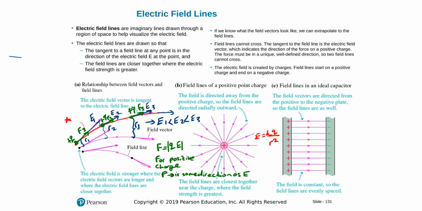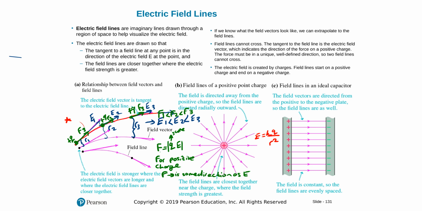So I showed it here already. If E is larger, the same charge, right? This is not changing. If E is larger, then F should be larger. So I can safely say that F1 is smaller than F2, which is smaller than F3.